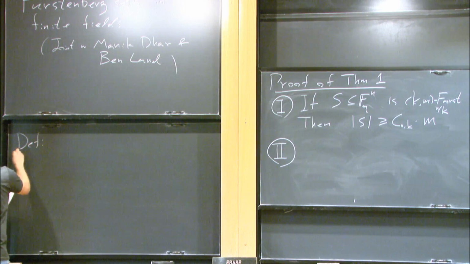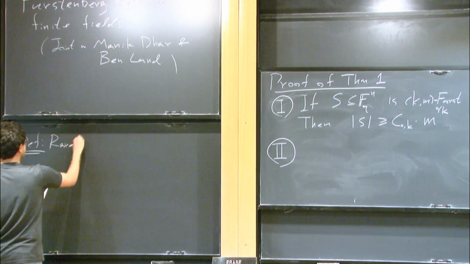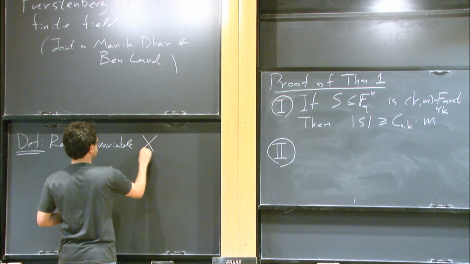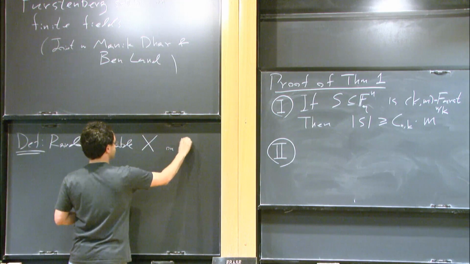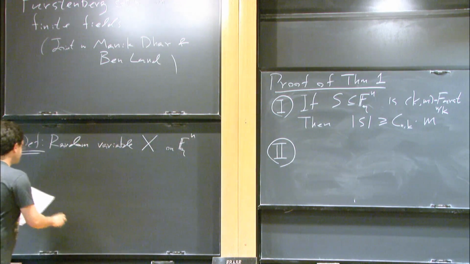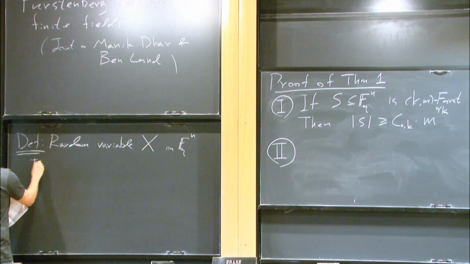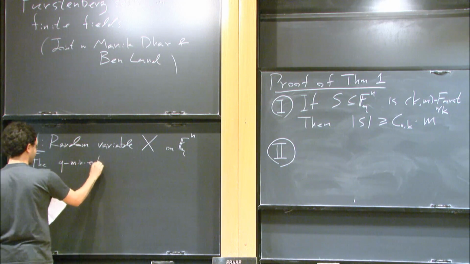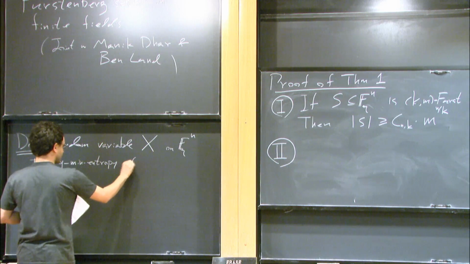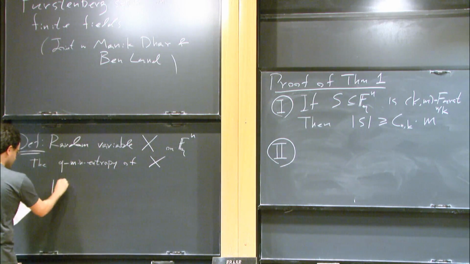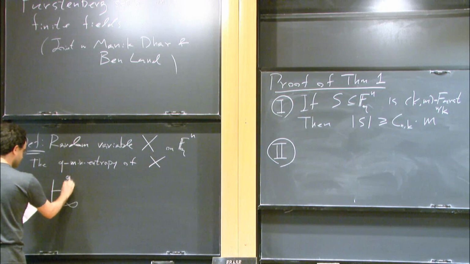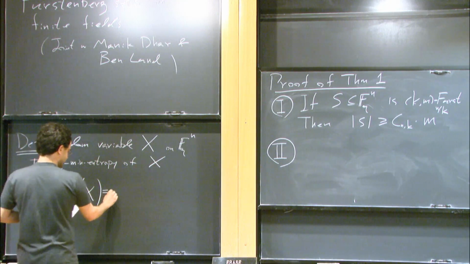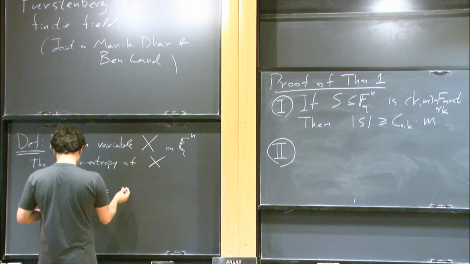If you have a random variable X distributed on F_q^n, we can define the q-min-entropy of X, denoted H_infinity^q.